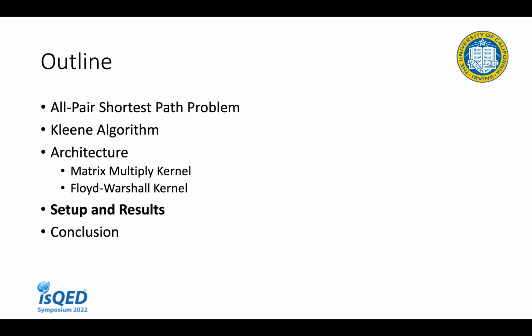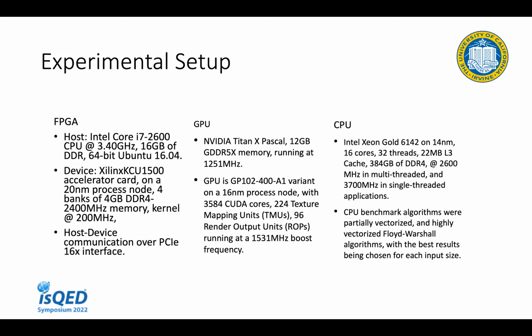For our benchmarking section, we've tried to match the algorithms and the hardware as best as we could. And where that was not possible, we've tried to use metrics that would provide as relevant a picture as we could. For our implementation, we've used a Xilinx FPGA Accelerator card connected to a Core i7 host.